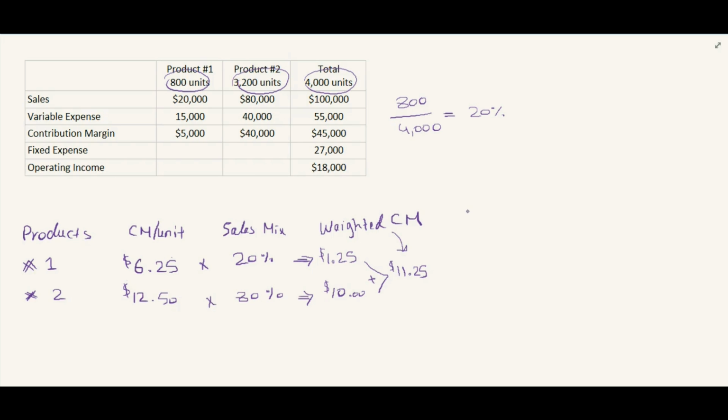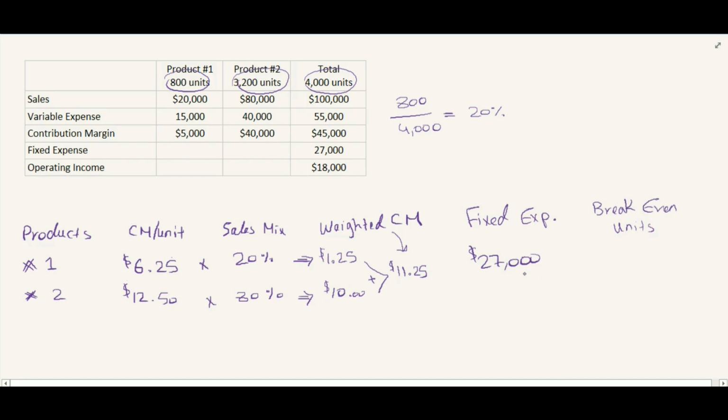After that, we need the fixed expense for the company as a whole, and we know that it's 27,000. And what we need to do is to take the 27,000 and divide it by the weighted CM, and that will give us the break-even in units.